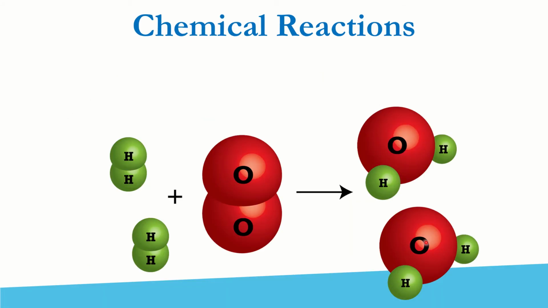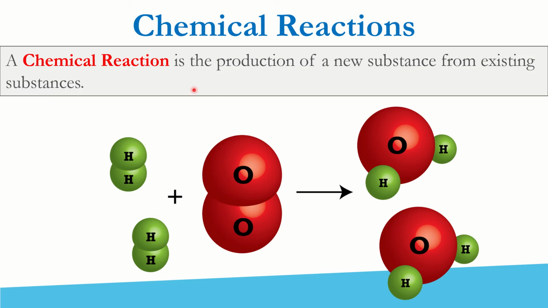So what is a chemical reaction? If you actually have a look at this diagram here, a chemical reaction is the production of a new substance. Say if I have these two molecules here, I have a hydrogen molecule, and then I also have an oxygen molecule.